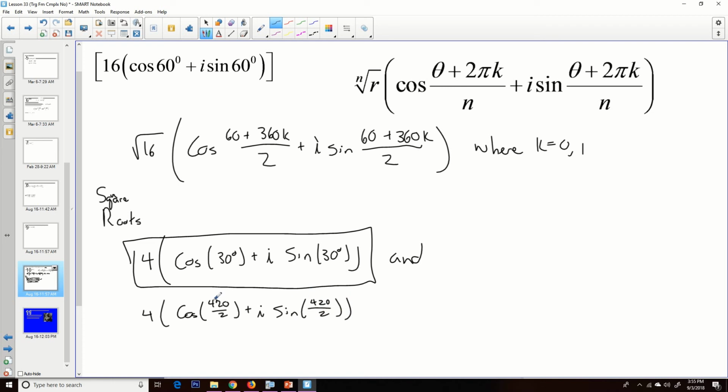And 420 divided by 2 is going to be 210 degrees, so it's still on the unit circle. And so we'll say that is 4 cosine 210 degrees plus i sine 210 degrees. We'll put a box around that one.